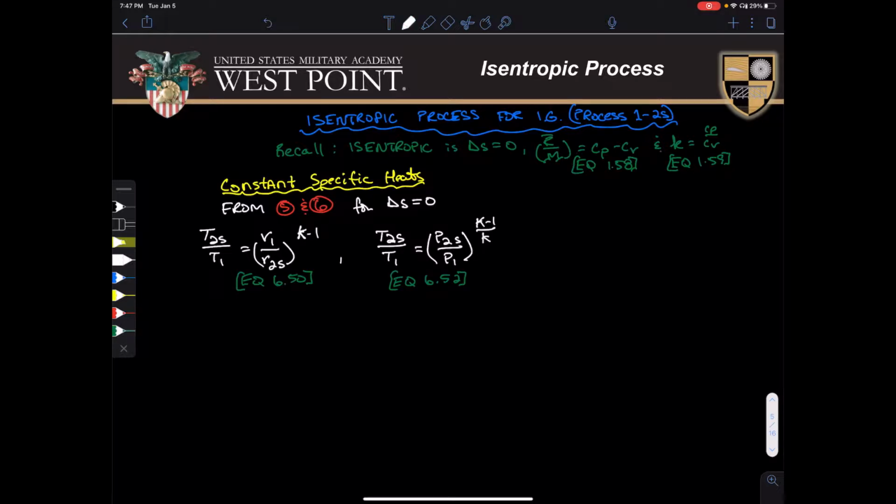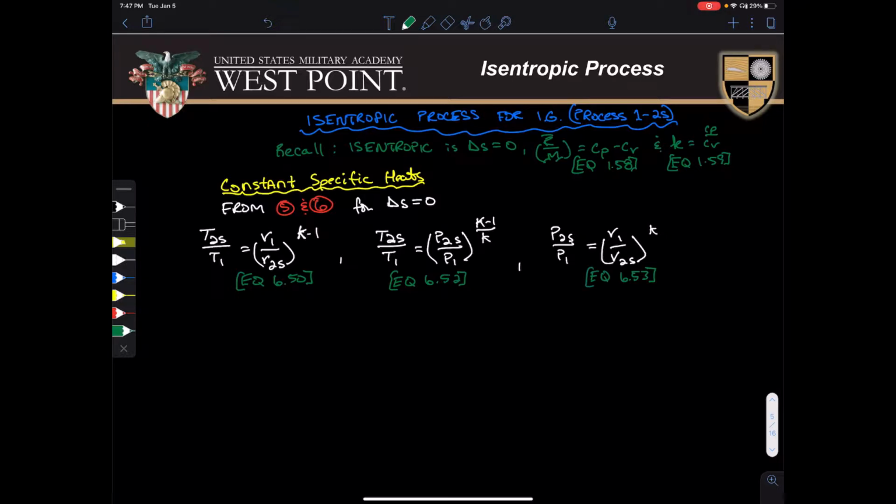And our last isentropic relation for our constant specific heats, we have our ratio of pressures: pressure at state 2s divided by pressure at 1 equal to our ratio of specific volume at 1 divided by the specific volume at state 2s raised to our specific heat ratio k. And that is equation 6.53.